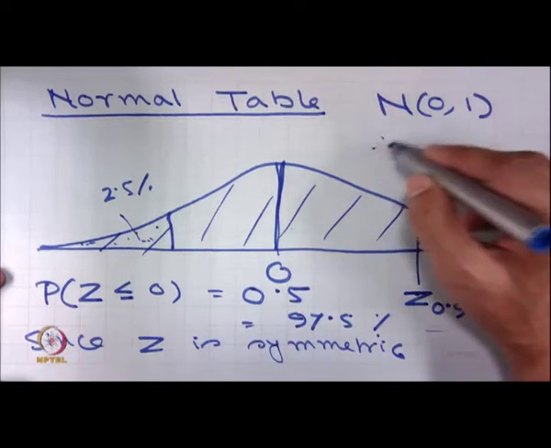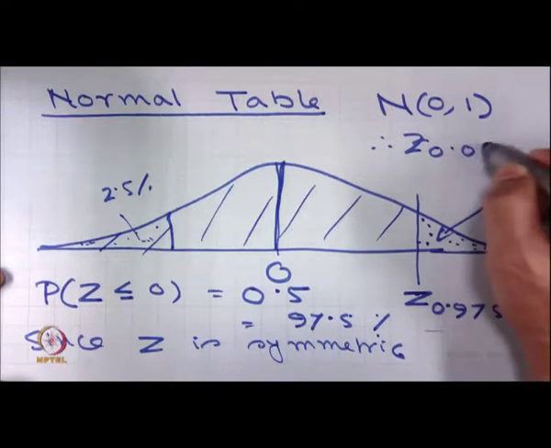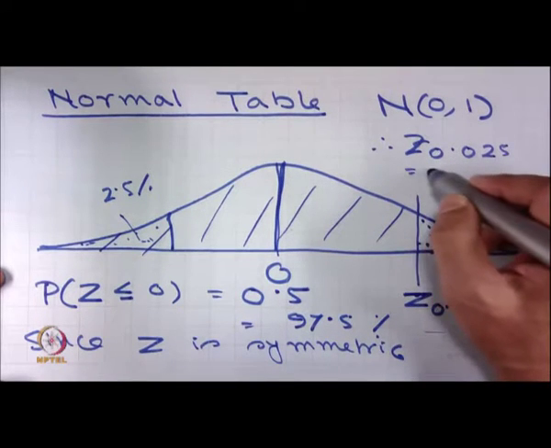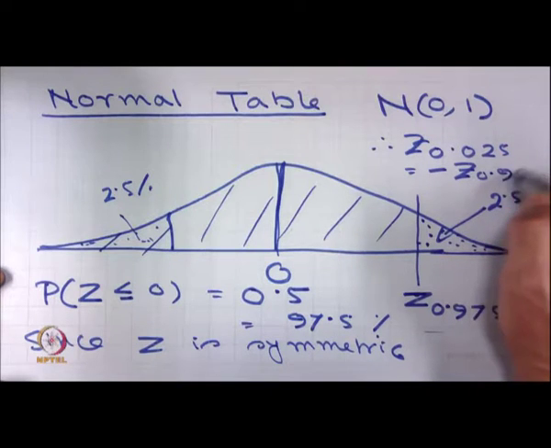Therefore, z of 0.025 is equal to minus of z of 0.975.